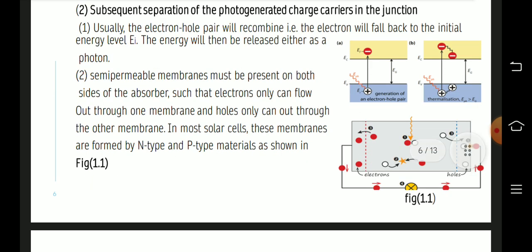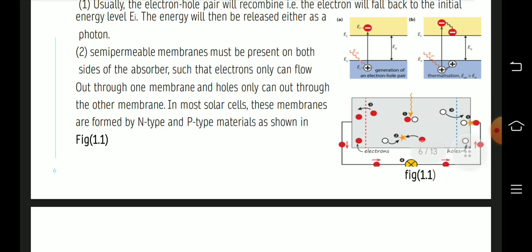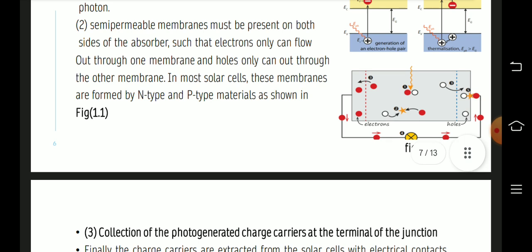And semi-permeable membranes must be present on both sides in the solar cell, such that electrons only can flow out through one membrane and holes only can flow out through the other membrane. In most solar cells, these membranes are formed by n-type and p-type material.